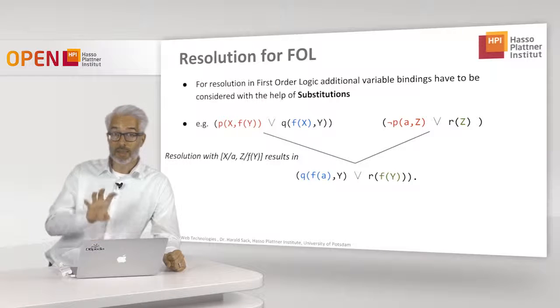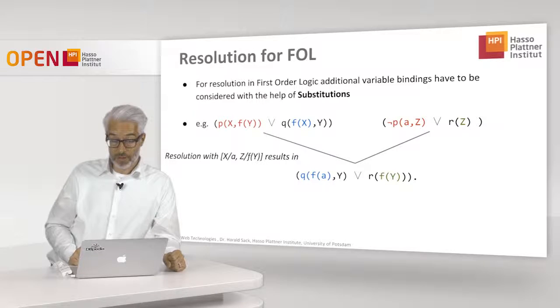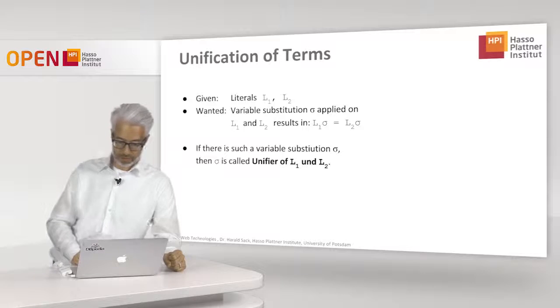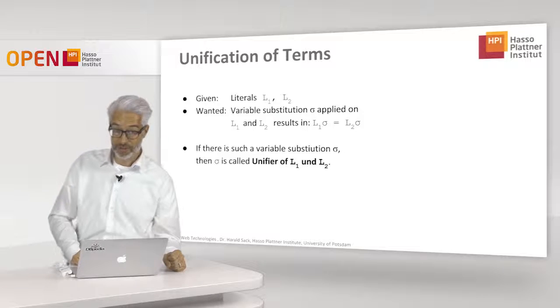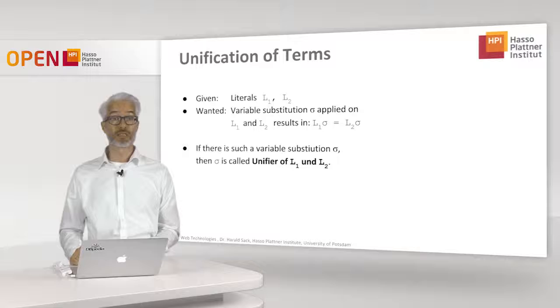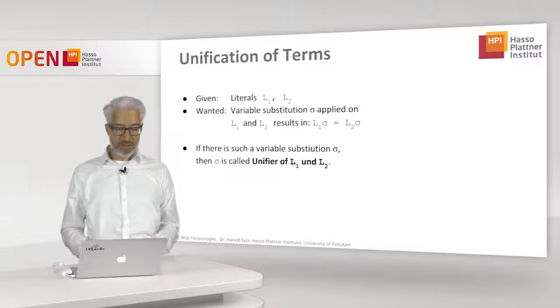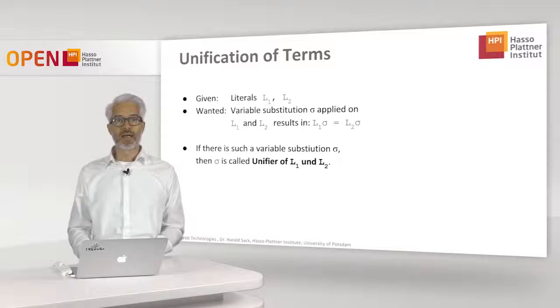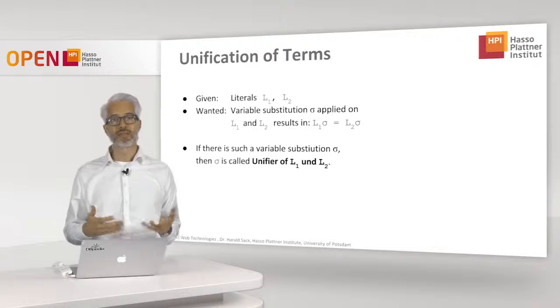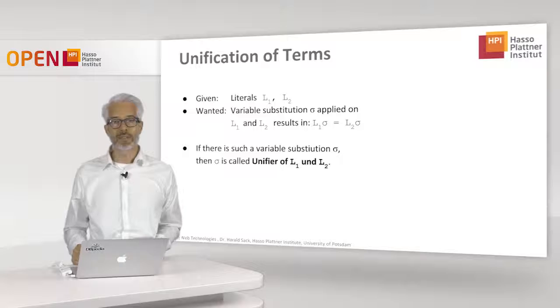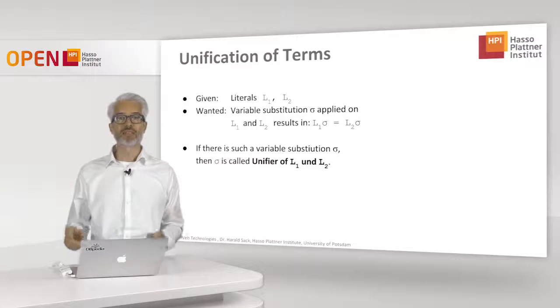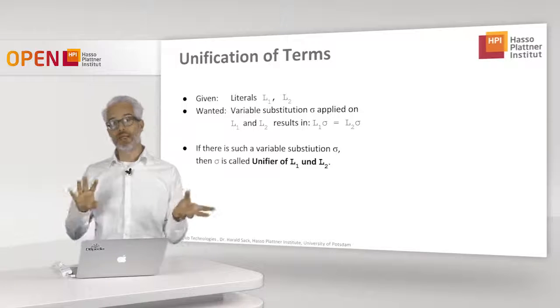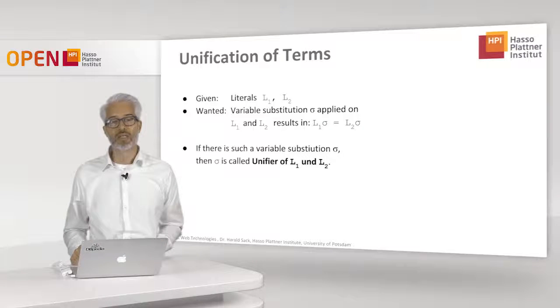Now let's have a look how this really works, and for this we have to talk about unification of terms. So this kind of substitution algorithm that we have seen. Unification means we have 2 different literals within a term, and a variable substitution sigma should be applied on these 2 terms, L sub 1 and L sub 2, so that both expressions, with this substitution, compute exactly the same.